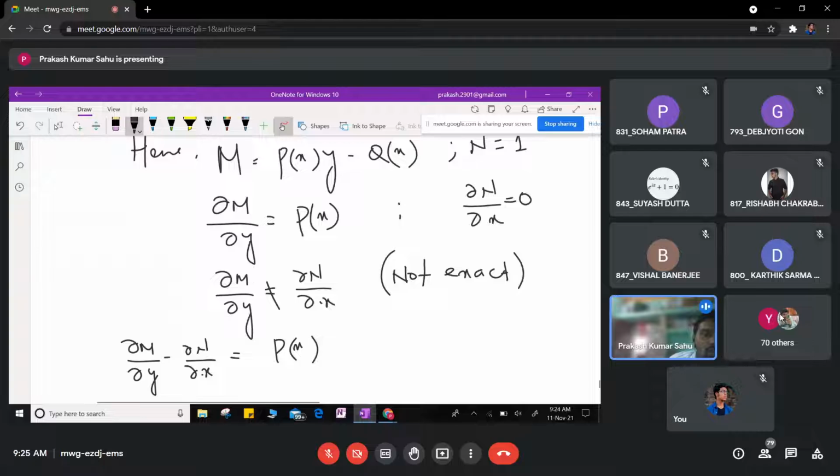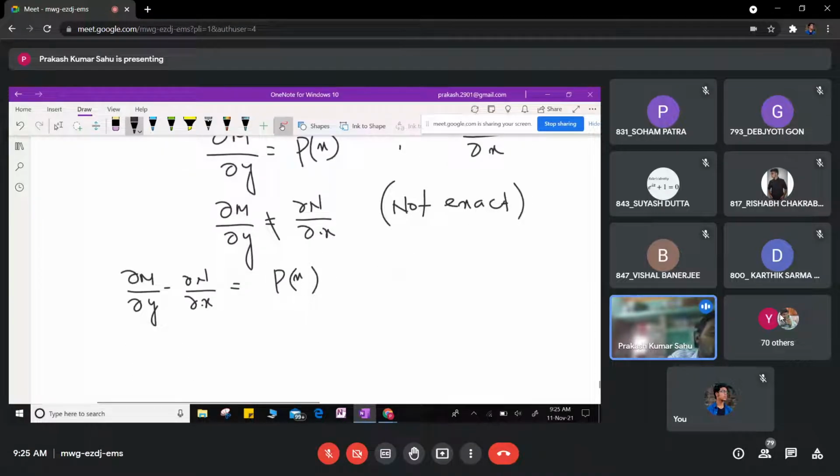If you divide by M, px into y minus qx does not cancel, so a function of y will not come. But if you divide by N, then we get a function of x, and N is equal to 1 here, so this is only a function of x. So this method works.